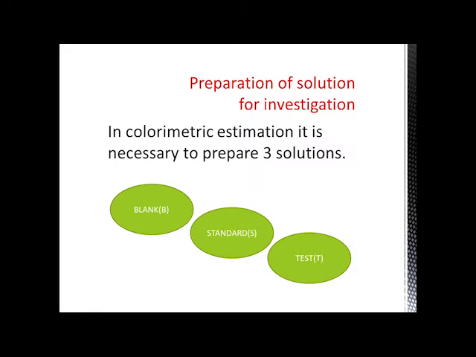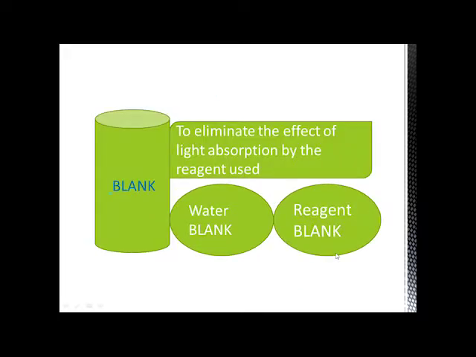So next, considering an estimation of a colored solution, it requires three necessary solutions. The first one is blank. The second is a set of standards, and the third one is the test, the unknown, whose concentration we want to identify. The first one is blank.